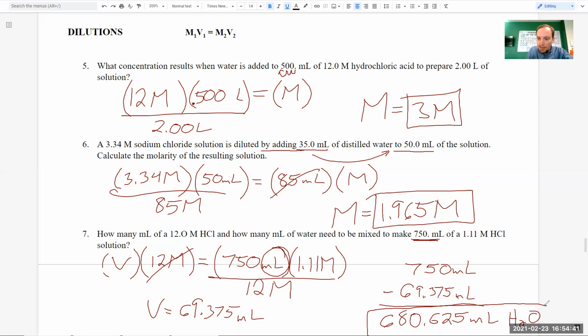That's the amount of water we would have to add. This is the amount of hydrogen chloride we'd have to add. When we mix those together, we would have 750 milliliters of a 1.11 molar solution of hydrochloric acid.